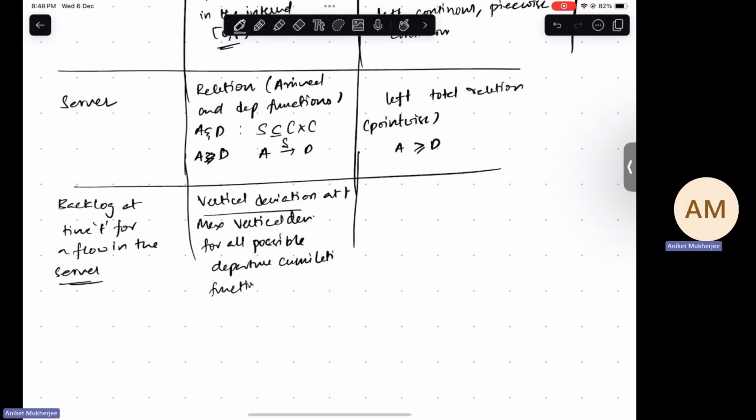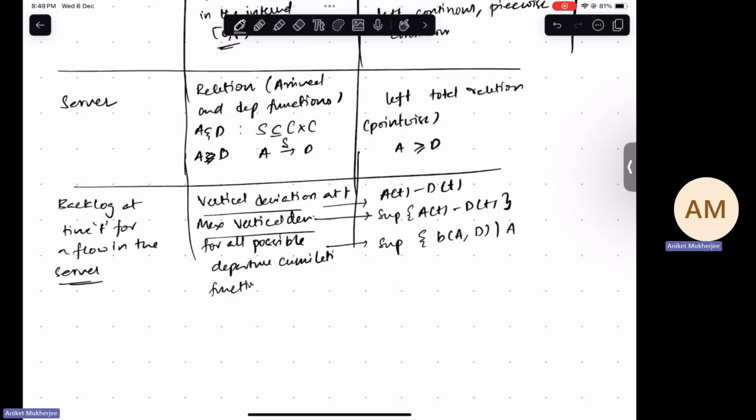So what I am talking about here are three different things. The first is A(t) minus D(t), the vertical deviation, given an arrival cumulative function and a departure cumulative function, right? Next is the maximum possible backlog, the maximal vertical deviation. And then if you don't know the departure cumulative function but you know the server, then you are taking the supremum over all the possible departure cumulative functions for a given arrival cumulative function, right?